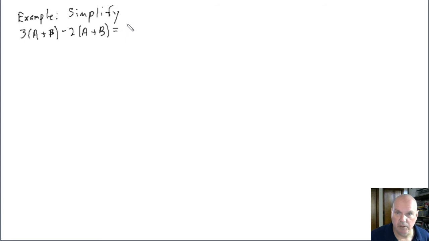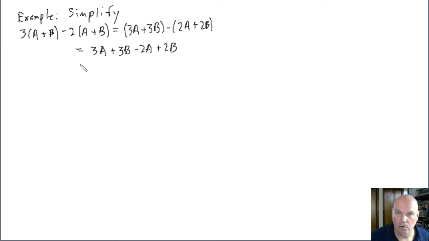So this quite simply becomes, distributing the 3, then minus, I'll have distributing the 2, 2a plus 2b. And then distributing the minus sign, I'll have 3a plus 3b minus 2a plus 2b.